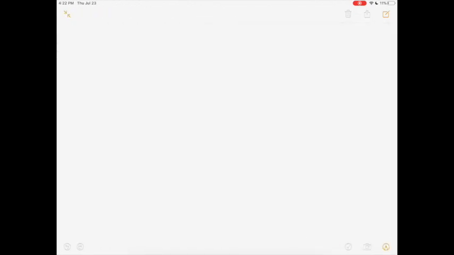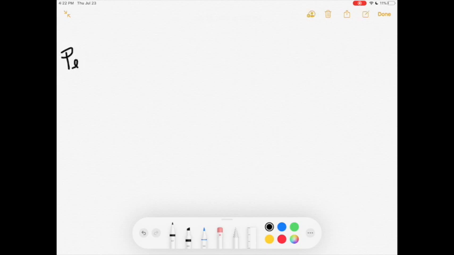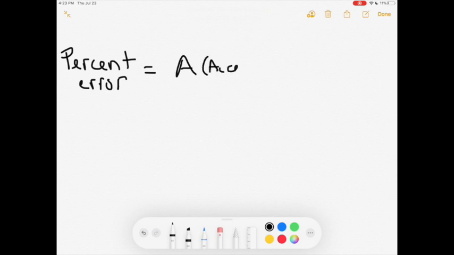Then for accuracy, we can use percent error. Here we're going to use A, where A is the known value or the accepted value, put in parentheses here, accepted, minus E, which is experimental.